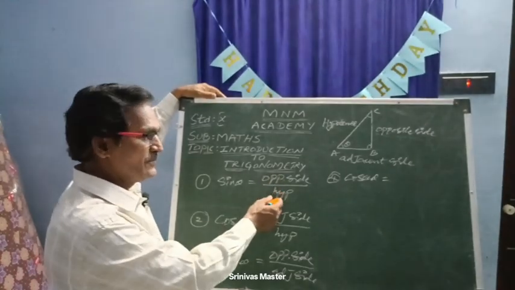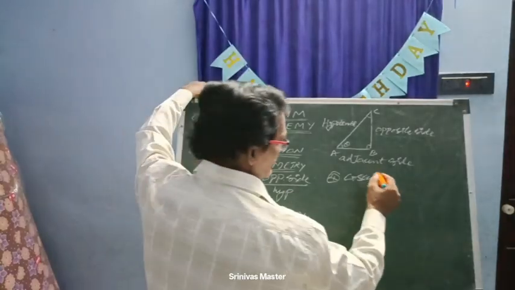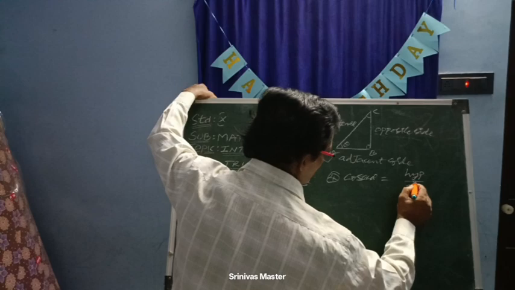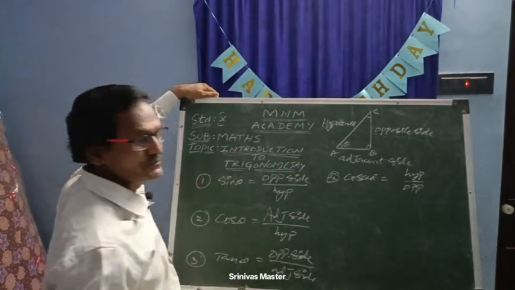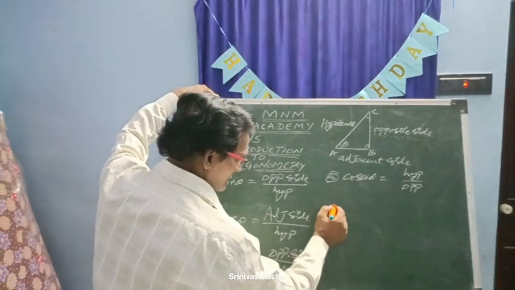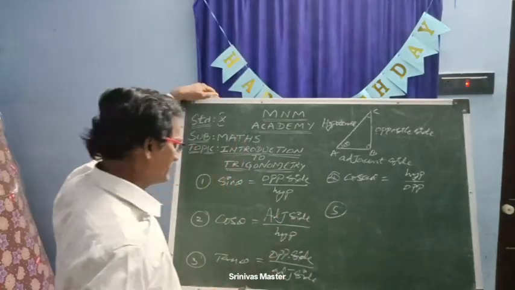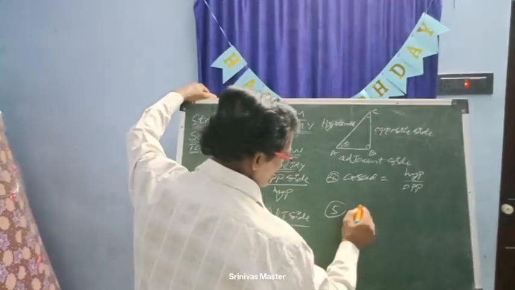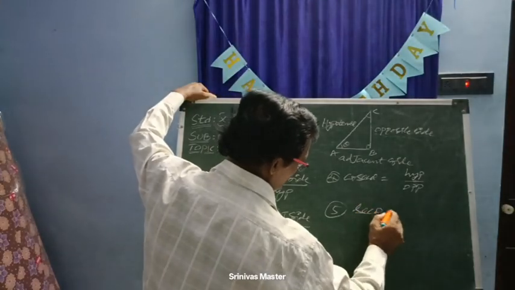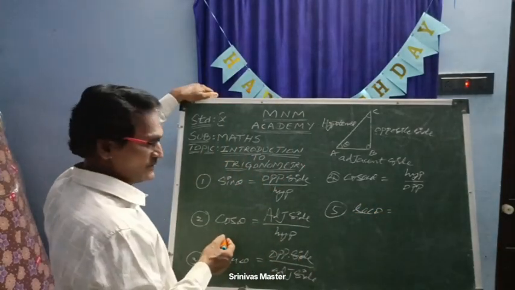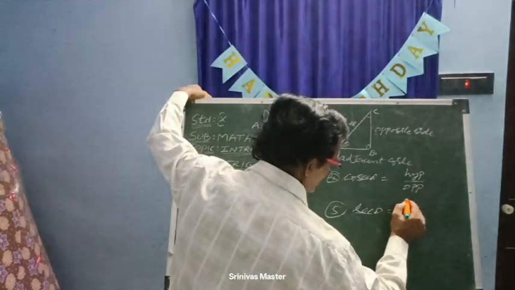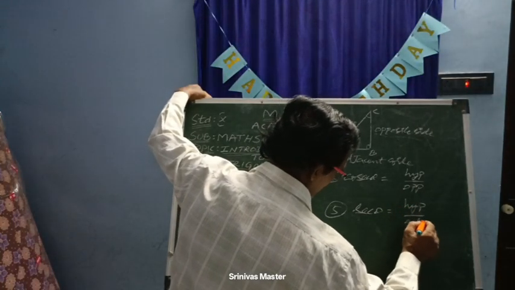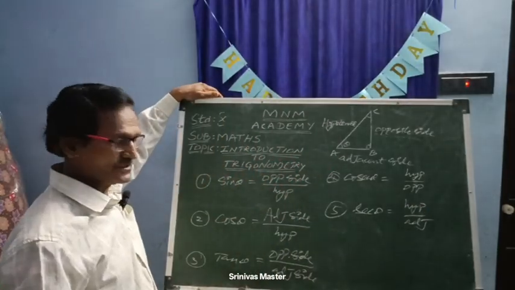Sin is opposite by hypotenuse, so cosec is hypotenuse by opposite side. Simply, hypotenuse by opposite. The fifth one: cos theta reciprocal is sec theta, which is hypotenuse by adjacent side.